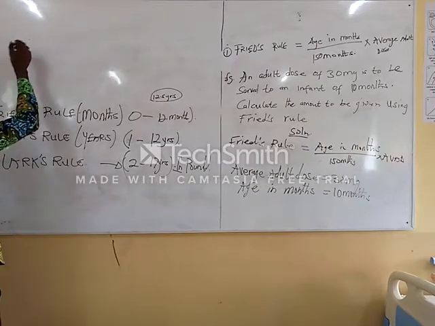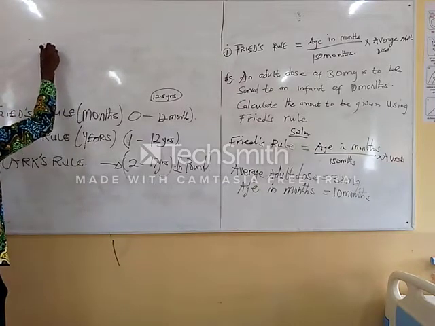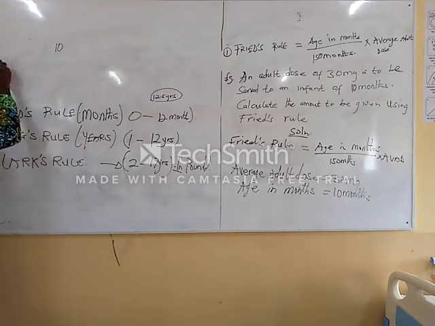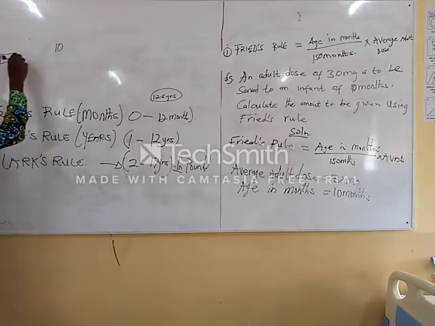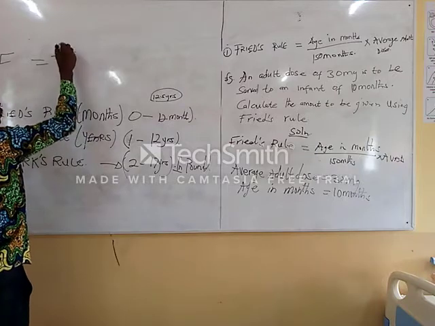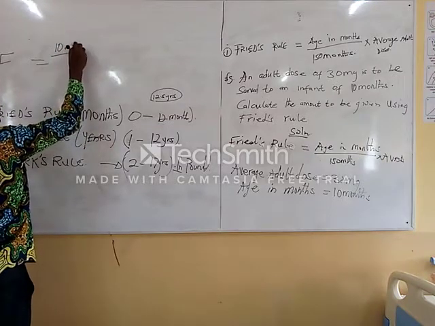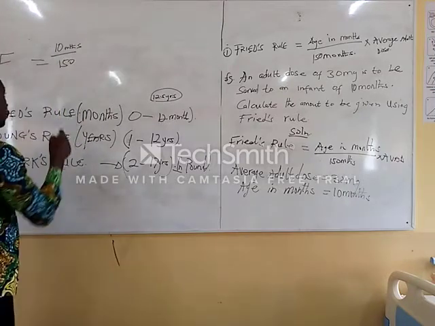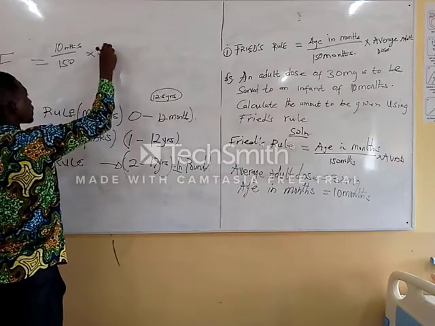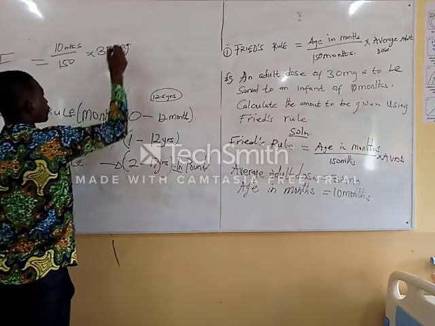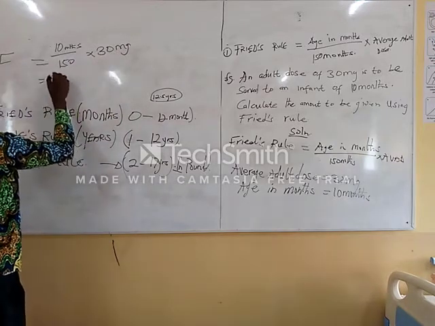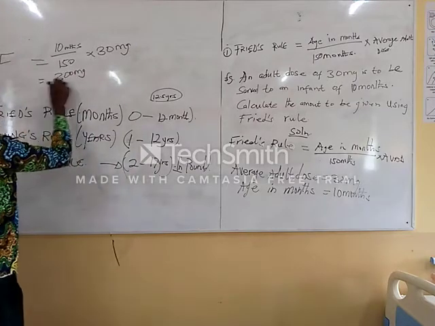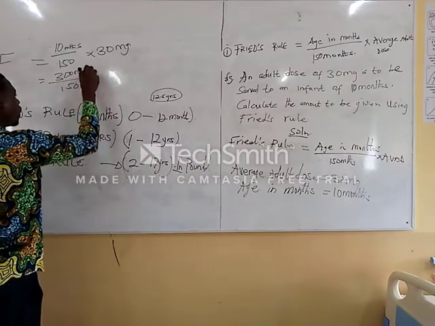Age in months is equal to 10 months over 150, which is constant per the rule, times average adult dose, which is 30 milligrams. 10 times 30 is equal to 300 mg over 150 months.